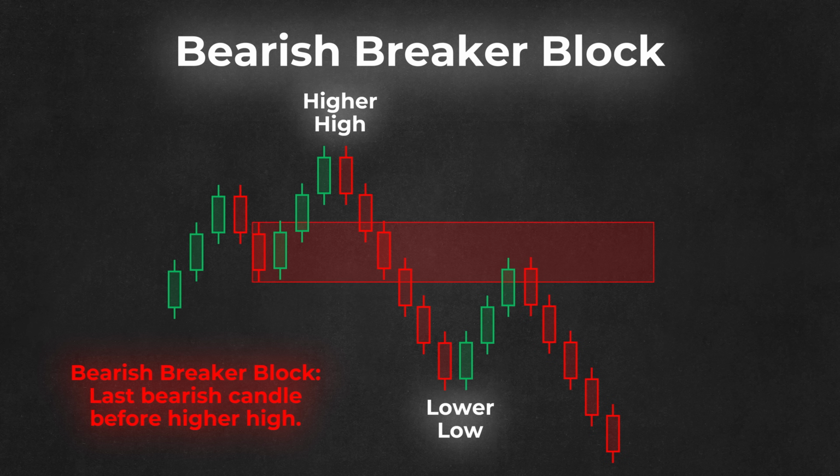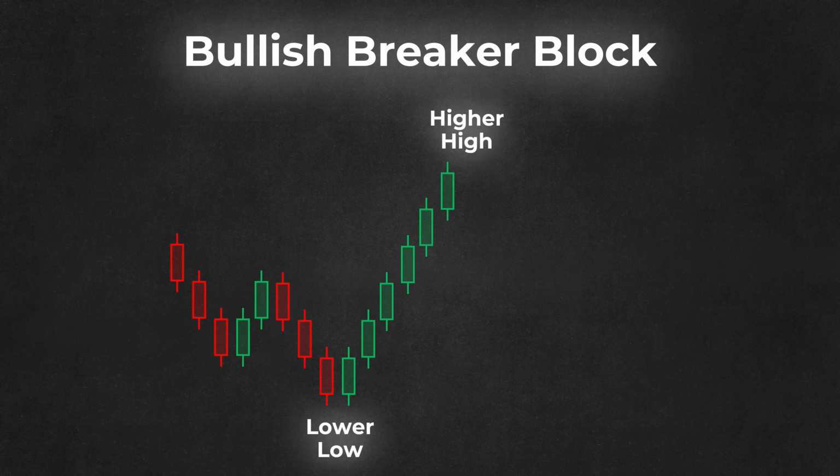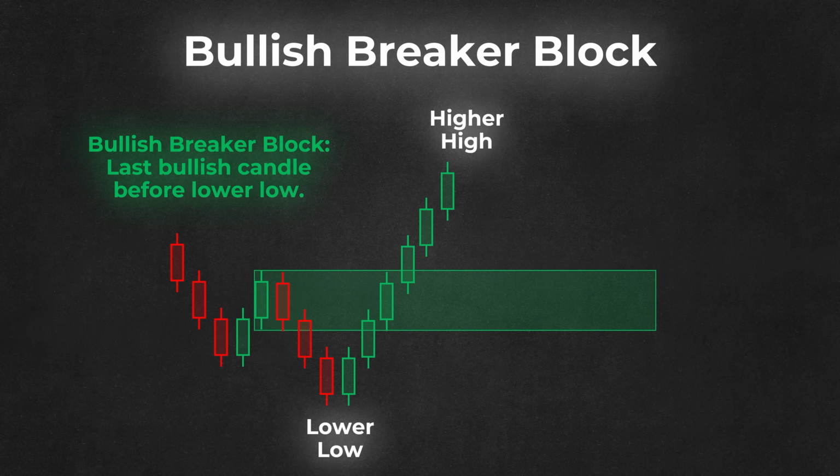In the case of a bullish breaker block, we'll observe a lower low followed by a higher high first. The second step is to identify the last bullish candle before price made a lower low. The theory here suggests that price will retrace back to this area before making a movement to the upside. That's half of what you need to use the unicorn entry model.